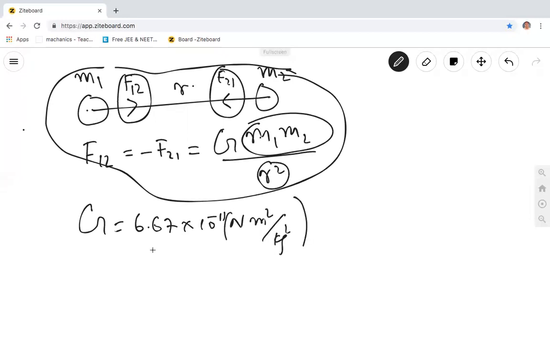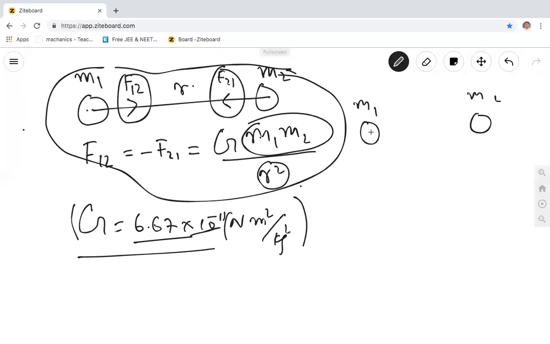This is the unit, right? So this is the value of capital G, and it has been calculated by scientists. Basically, two objects of any mass attract each other.